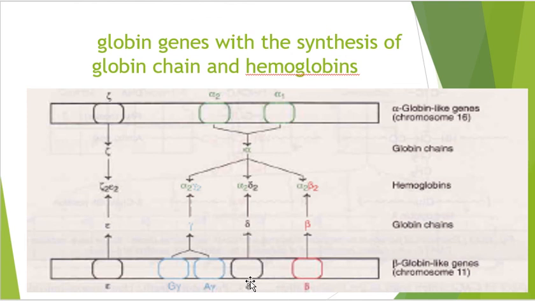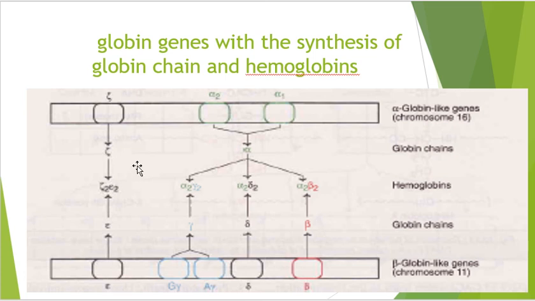One is the delta gene producing the delta globin chain found in adults to a minor extent, that is hemoglobin A2, and the beta gene, which is involved in the formation of adult hemoglobin, the major hemoglobin in adults.